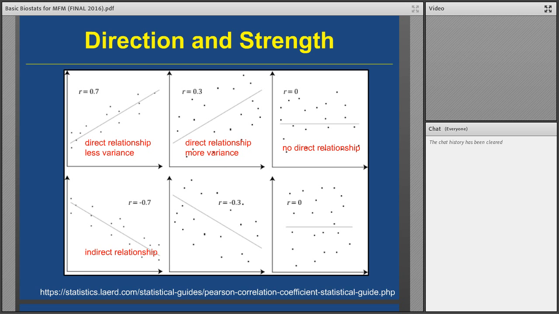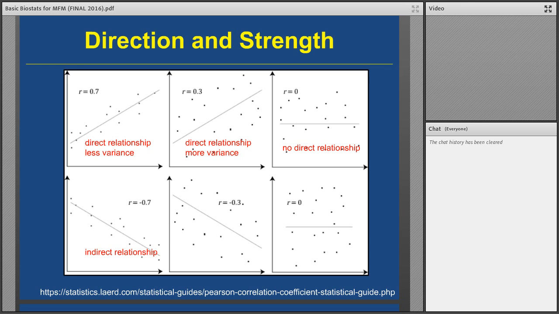So that's why the R is not as high a number, but it's still a positive number. There's still a direct relationship. And you can see that the lines look very similar, but there's so much more variance that the correlation is to a lesser degree. Whereas if we go all the way to the right, we have no direct relationship, and the variance is kind of all over the place. And so that's an R of 0.